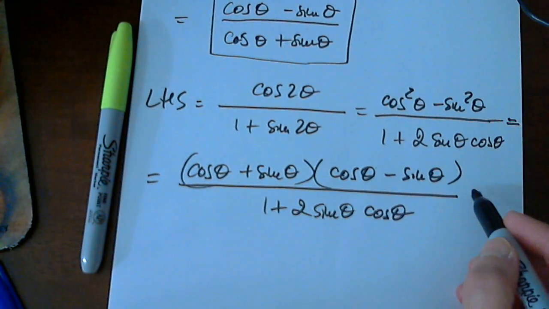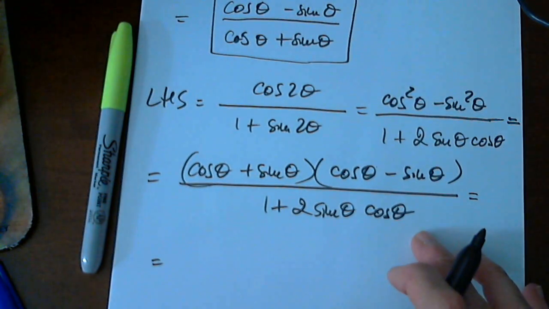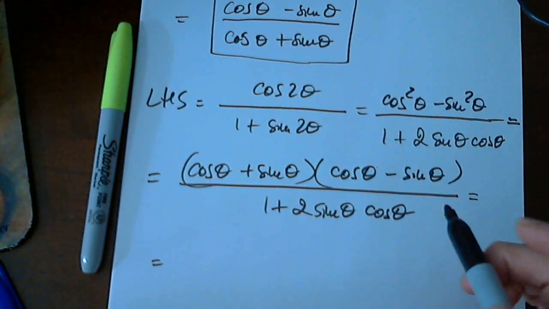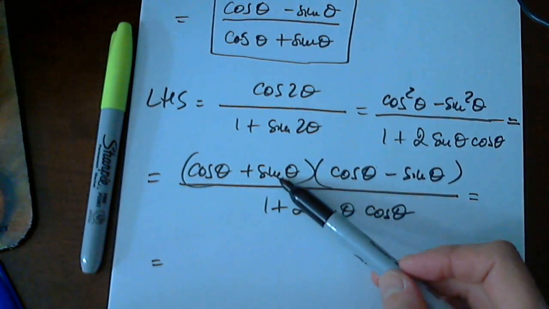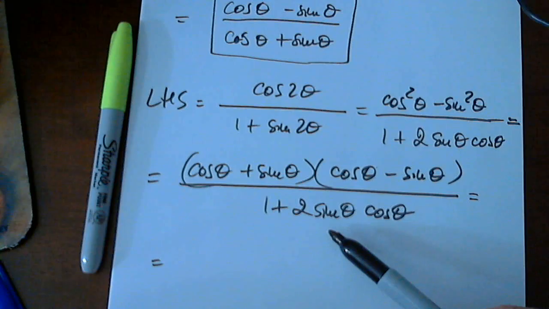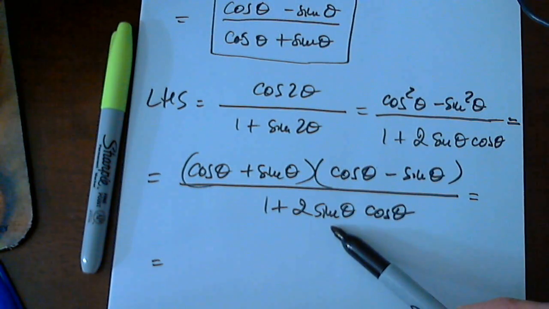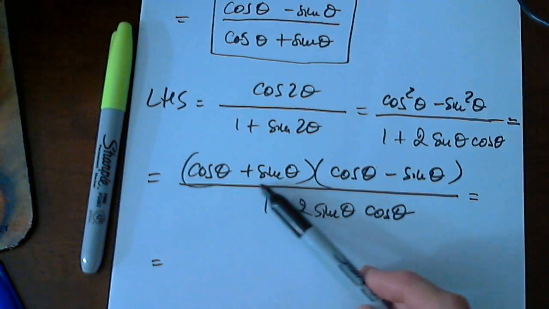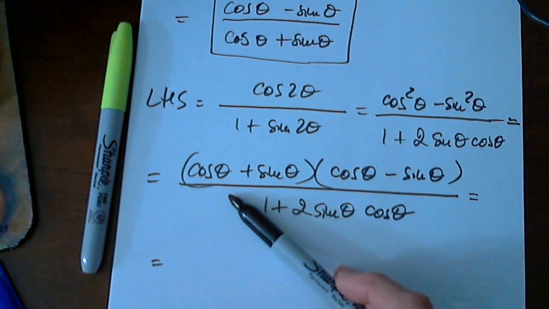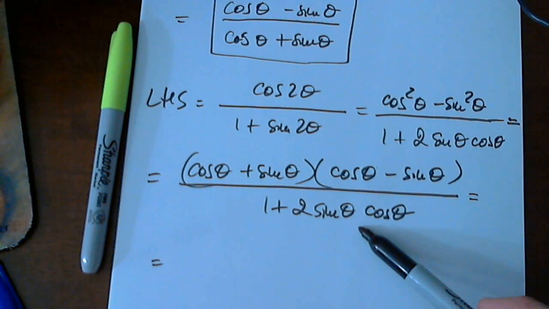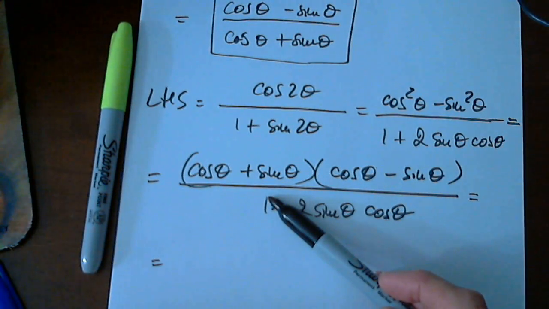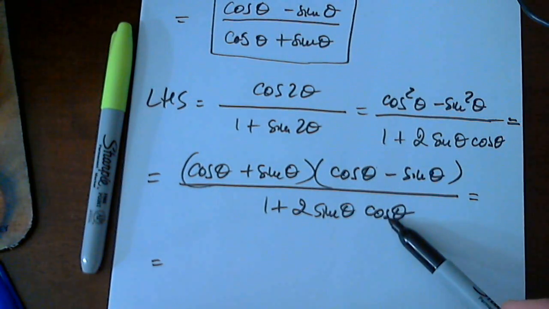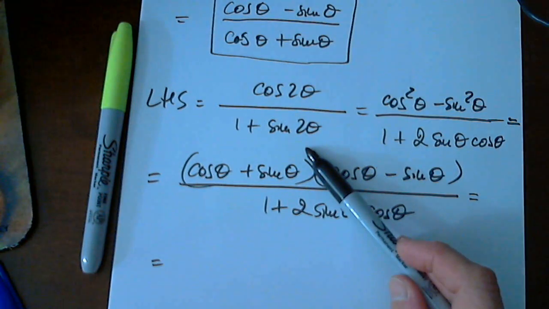What do I need to divide by? If you see something I don't, please tell me. If I factor out cosine, it's not going to work. If I change, this was 1 plus sine 2 theta.